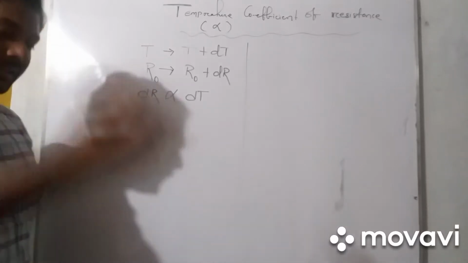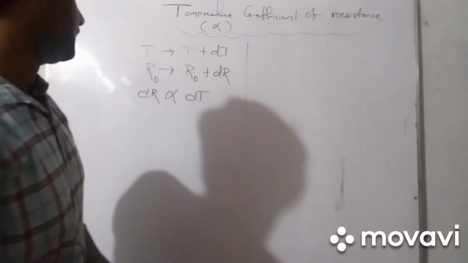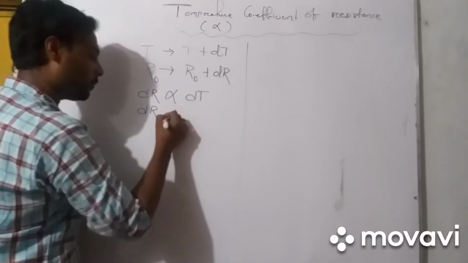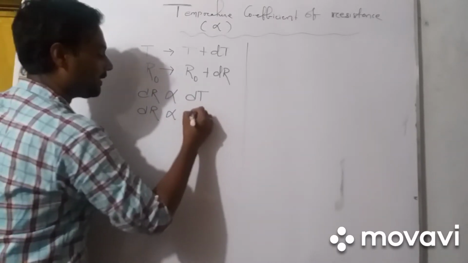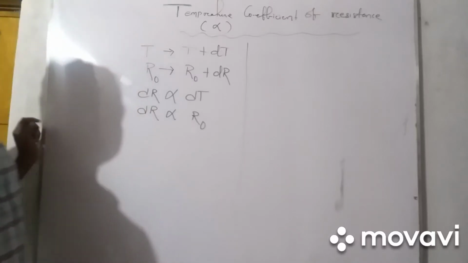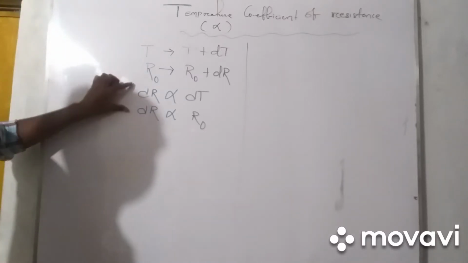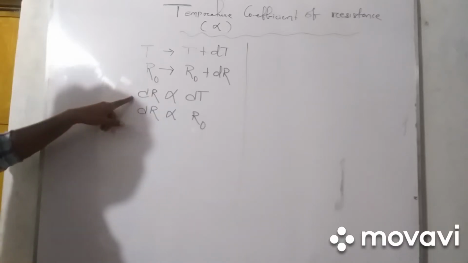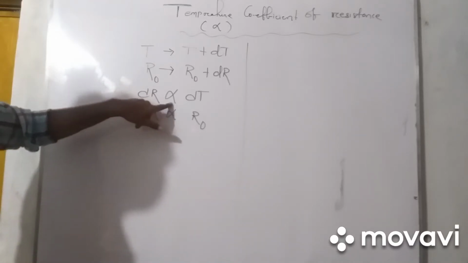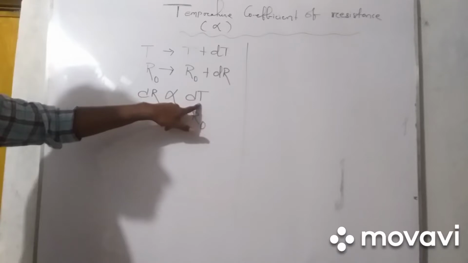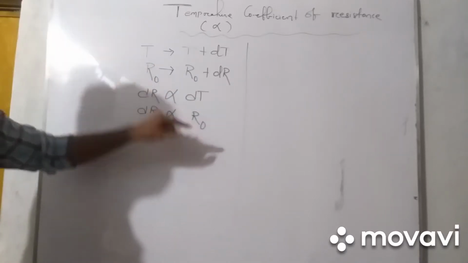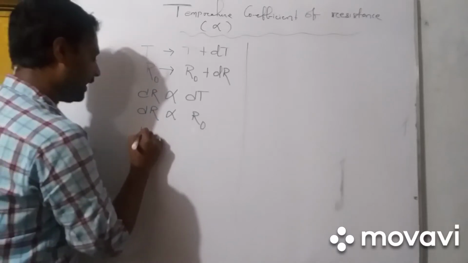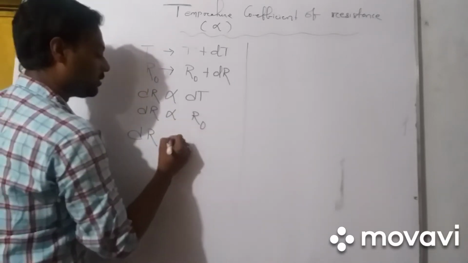Also, in practice, we know that dR depends upon the initial resistance. Again I will repeat: in practical view, the change in resistance depends upon the change in temperature as well as the initial resistance, that is R naught.